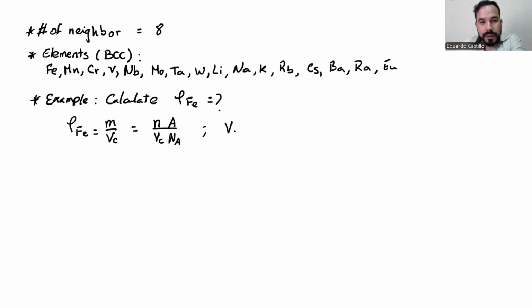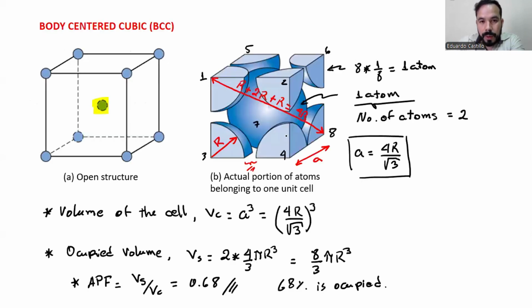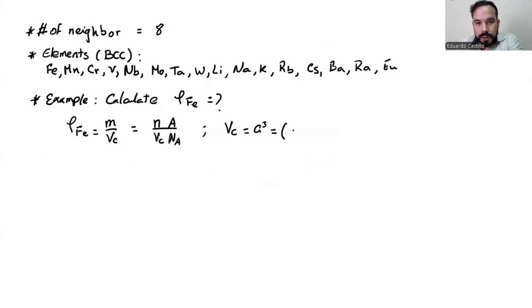And here the volume of the cell is equal to a to the power 3, which is, if I go back, 4r over square root of 3, to the power 3. Now for iron, we do need some pieces of information.